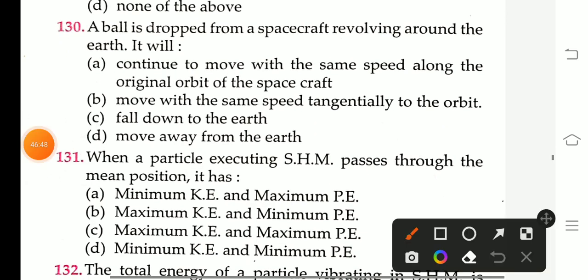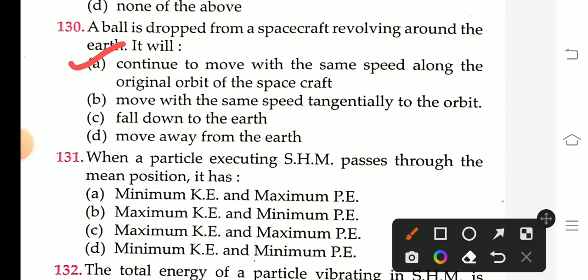A ball is dropped from a spacecraft revolving around the earth. It will continue to move with the same speed along the original orbit of the spacecraft.